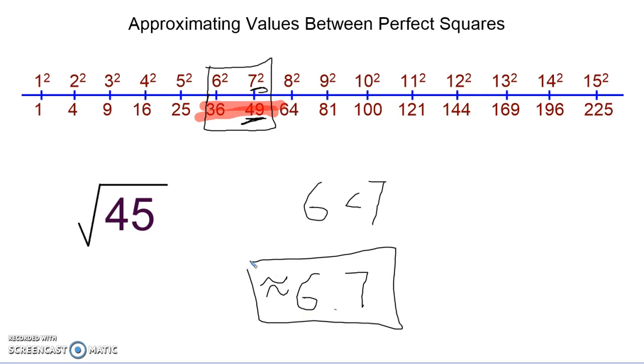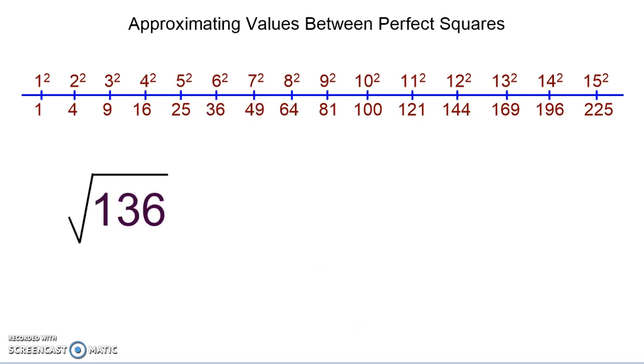And for our last example here, we have approximate the value of the square root of 136. 136 is not a perfect square, but it does fall between two perfect squares, 121 and 144, which means its square root is going to fall somewhere between 11 and 12.